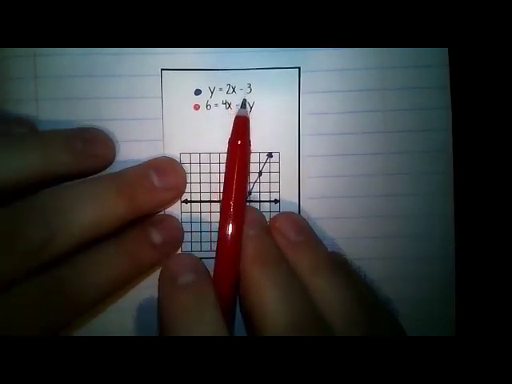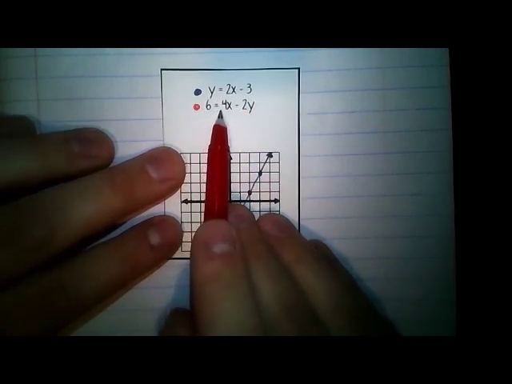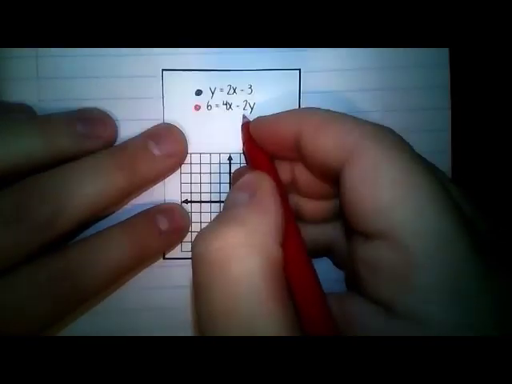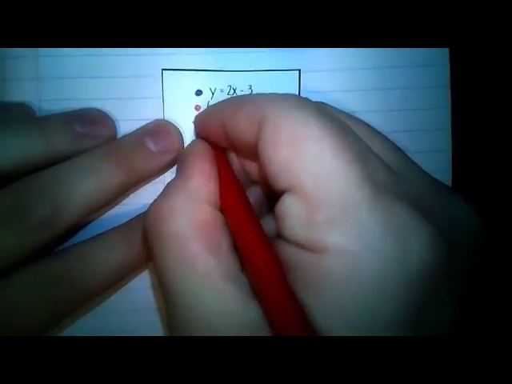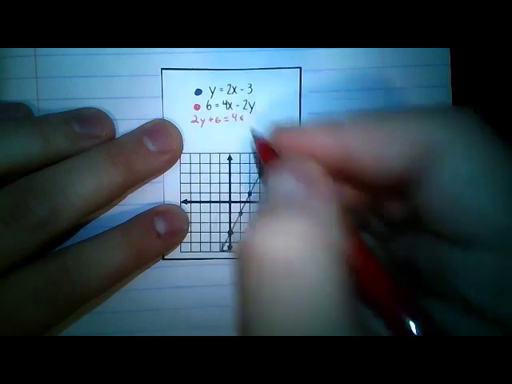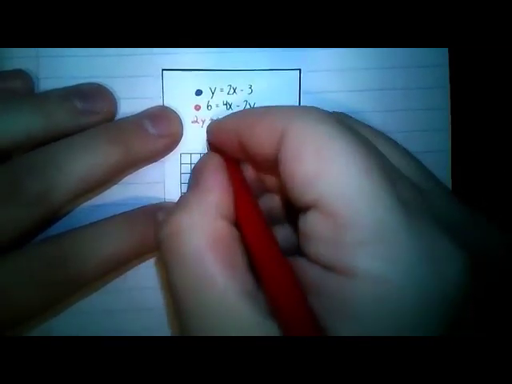For this second equation here, we are going to put this into slope-intercept form. So let's add 2y to both sides. Subtract 6 from both sides.